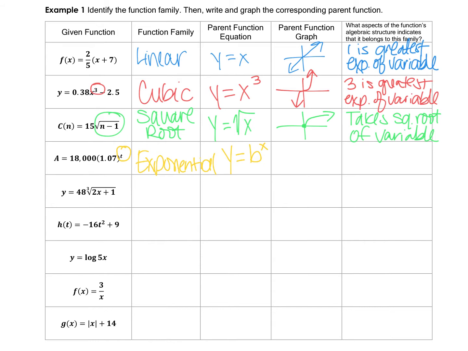So that is your parent function equation. An exponential graph of your parent function looks like this. It's a curvy line that is getting closer and closer to the x-axis. That's called an asymptote. As your graph is getting closer and closer to something but never actually touching it, that's called an asymptote. So we do have an asymptote on exponential.